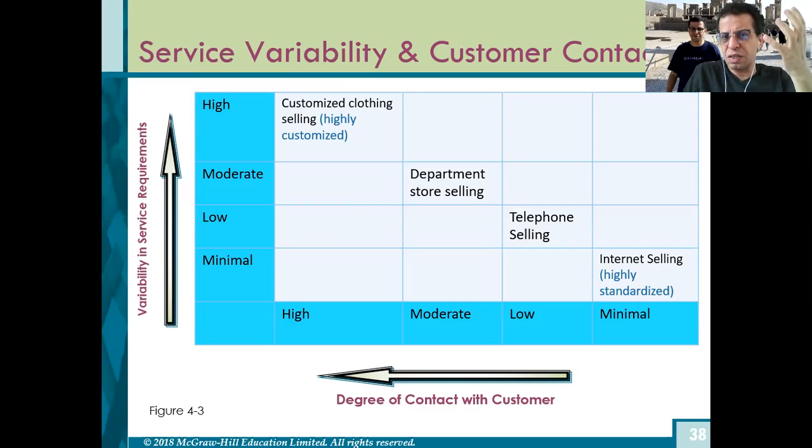It's like customized clothing selling or a legal department: highly customized. On the other hand, there is minimum customer contact and minimum customization. It's what you call internet selling, which is a highly standard one.